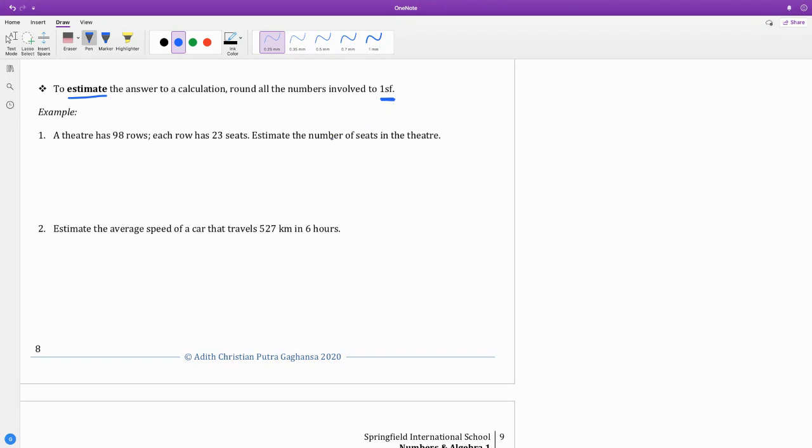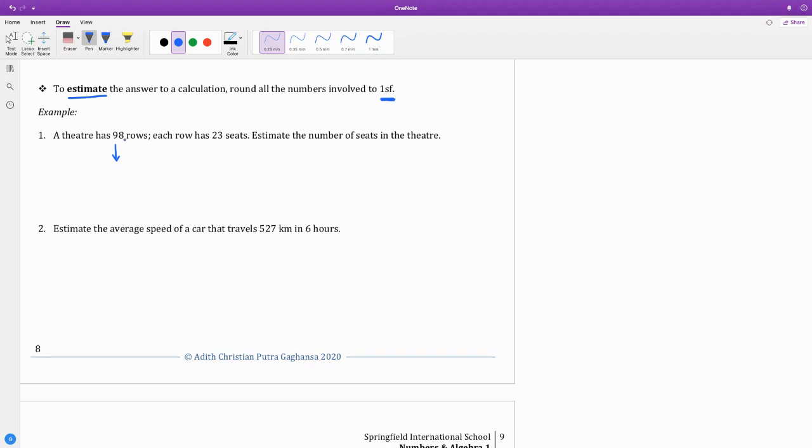Example. A theater has 98 rows. Each row has 23 seats. Estimate the number of seats in the theater. We need to round 98 to 1 significant figure.